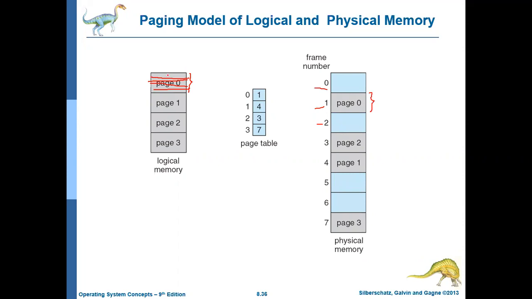If offset number 1 has some value, let's say 100, then here the first offset will also have value 100. The last offset has value 200, so here also the last offset will have value 200. Only the complete page will be shifted, not these offset values. Offset values will be the same in the page and the frame.